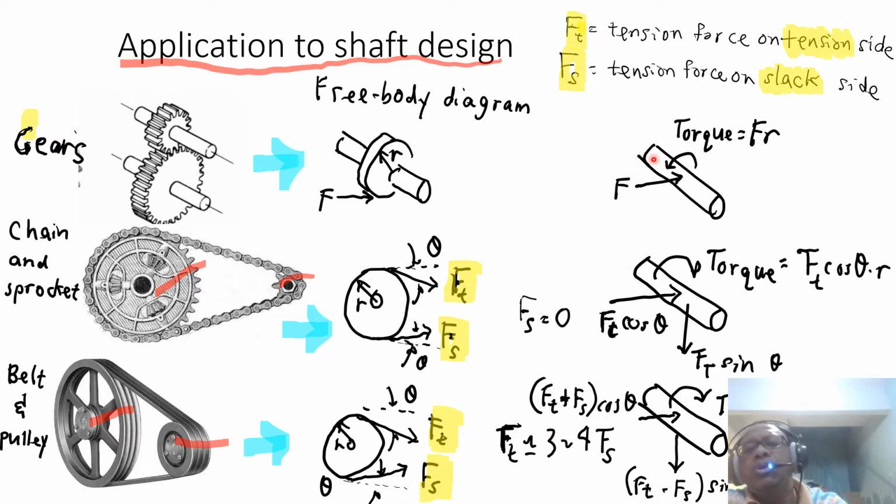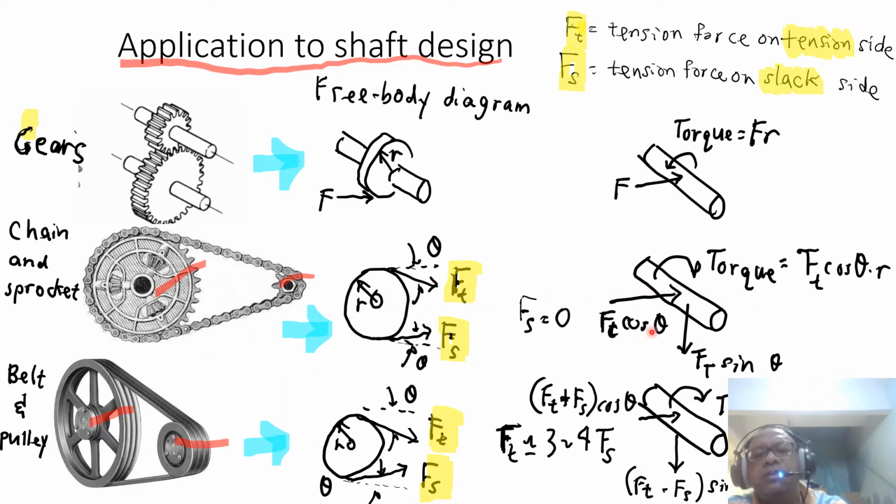So when you try to represent or draw the free body diagram of this shaft, when you are applying a sprocket here, the torque is F cos theta R, if there is an angle here, theta. And then because the slack side is 0, there is a horizontal force due to the tension from the chain.